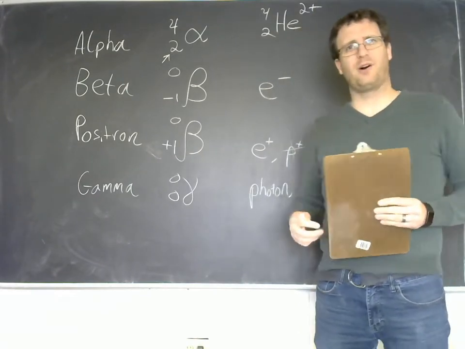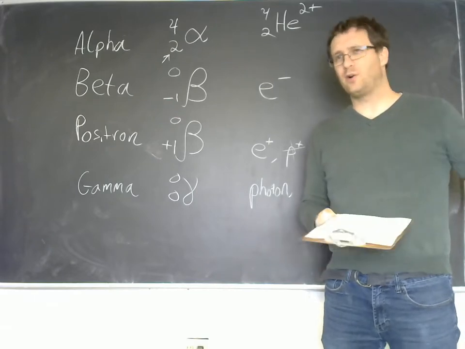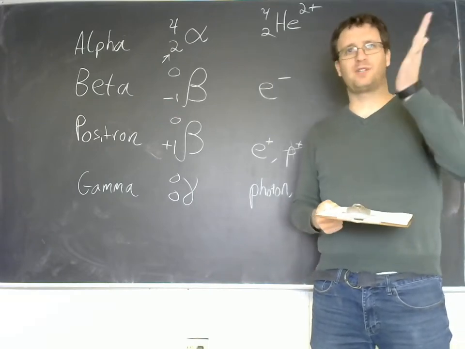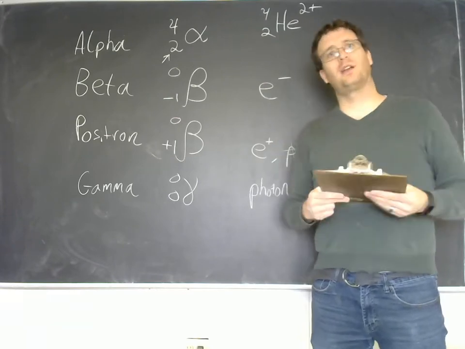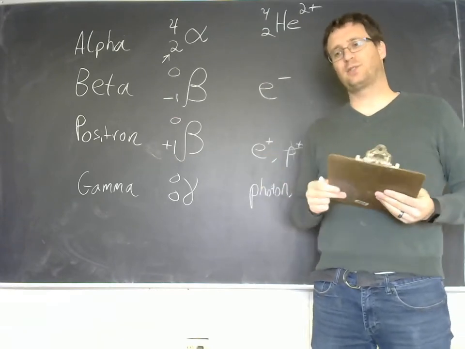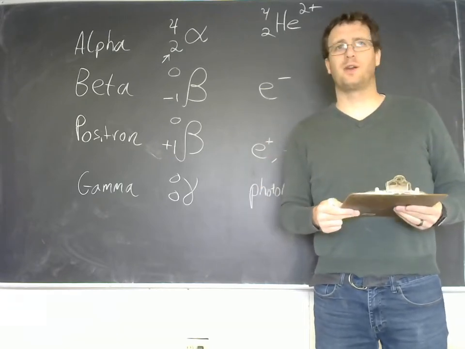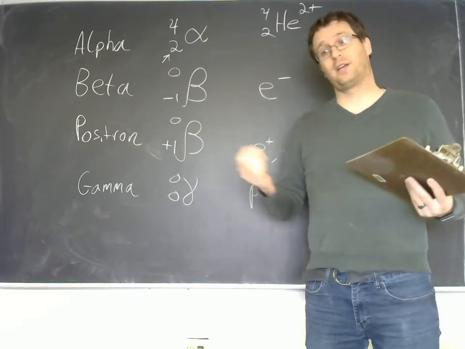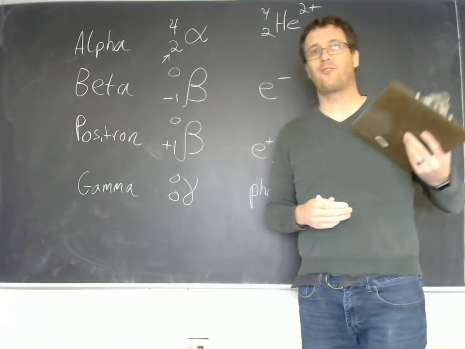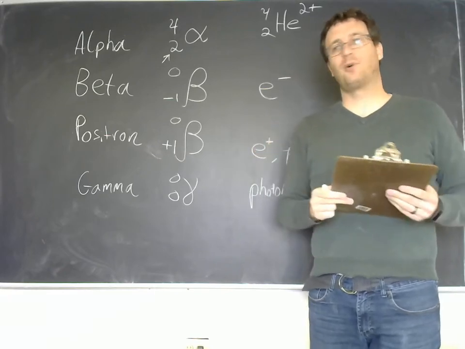And you may recall the electromagnetic spectrum, how everything from radio waves to microwaves to infrared to visible light and ultraviolet light and X-rays, those are all kind of the same thing. They're all photons of light, whatever light is. And gamma would be the next one after X-ray. So these are extremely high frequency, extremely short wavelength photons of light.